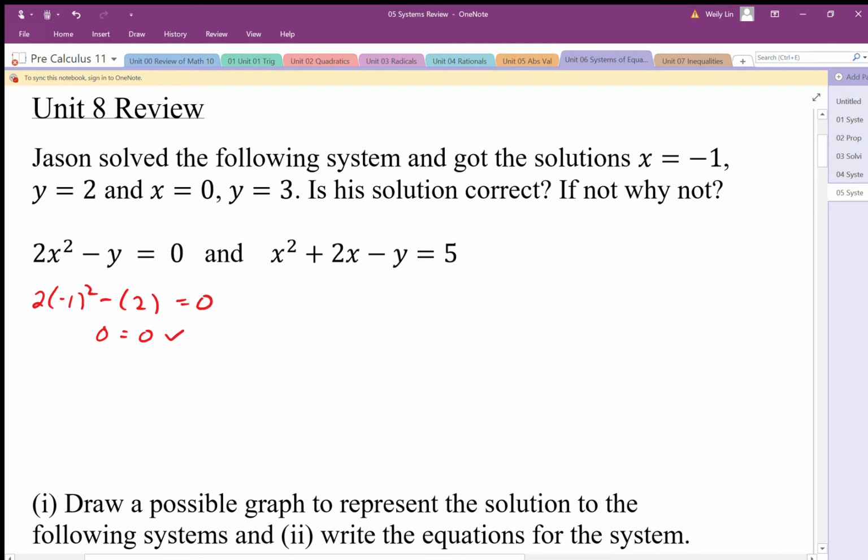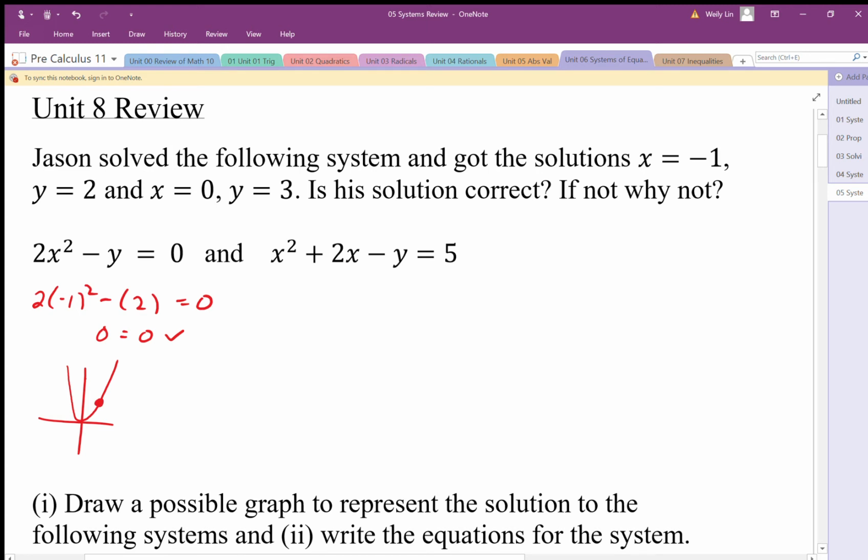Now, does this mean it's a solution for this system? Well, no, because if you think of what this graph looks like, this is basically a parabola. And what all this confirms is that x equals -1, y equals 2 is a point on that parabola. In fact, it just means it's there.